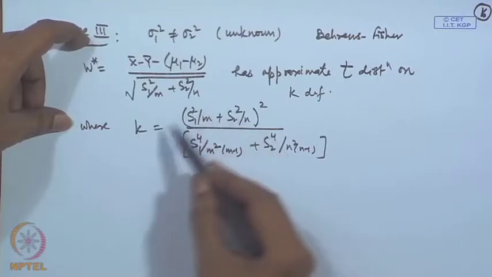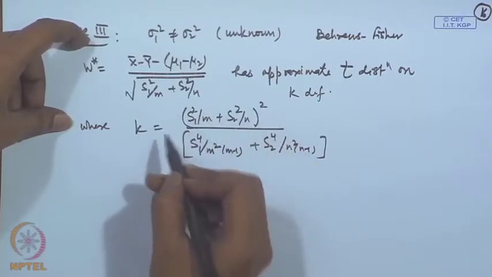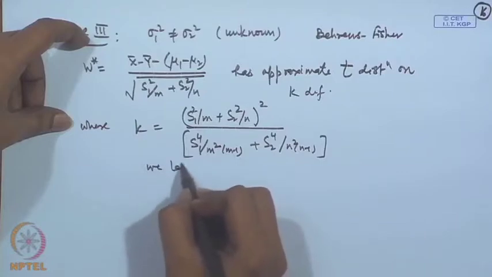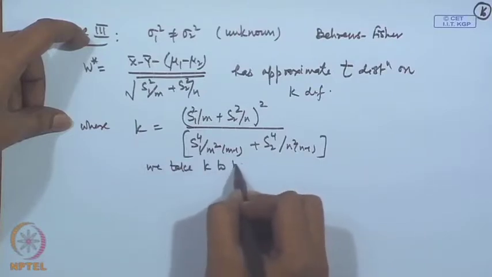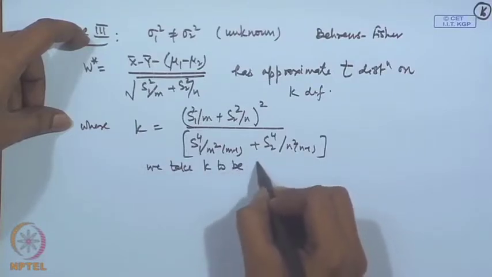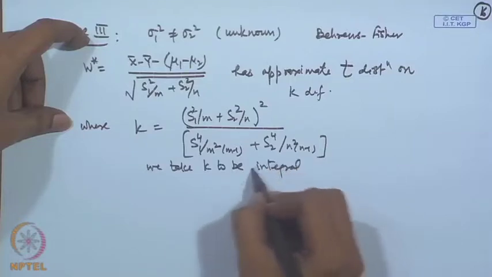And again the problem is that this need not be an integer. So, we usually take k to be the integral part of this.